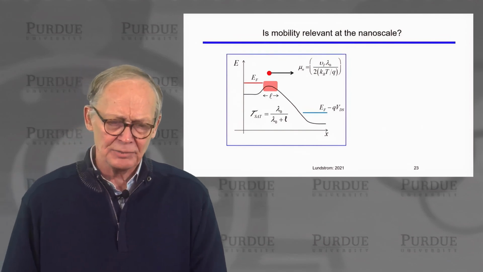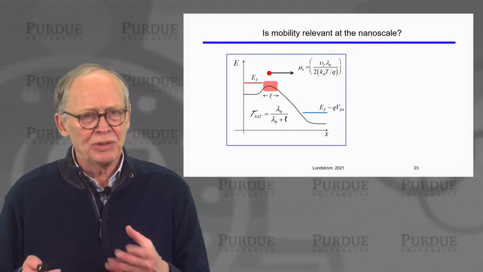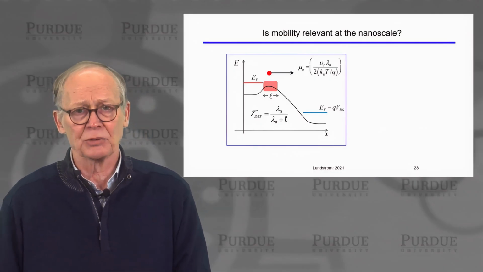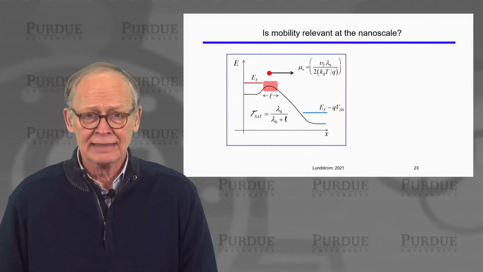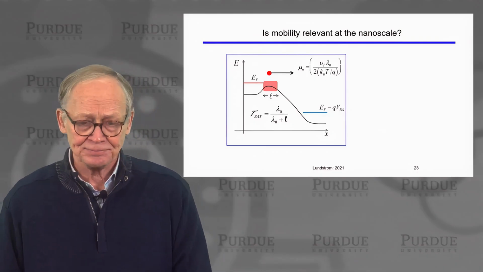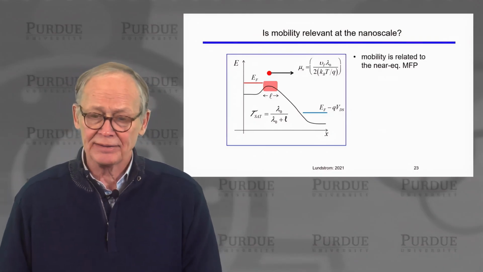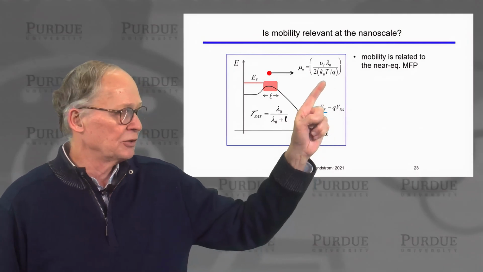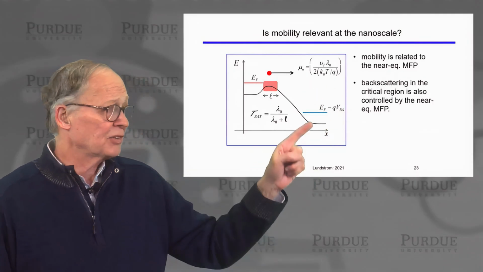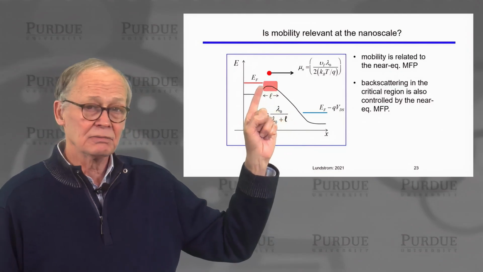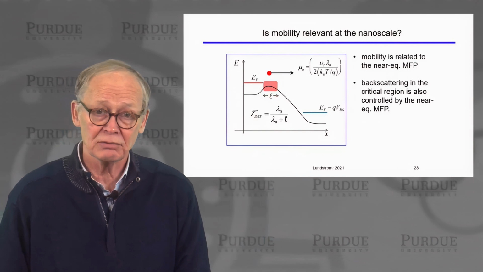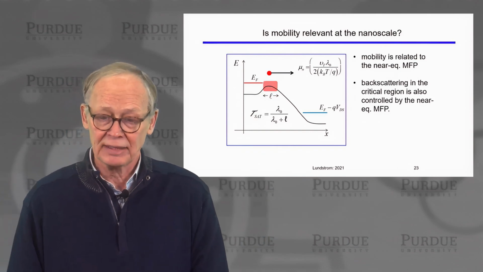Now, another question that people sometimes ask is, mobility is a parameter that we measure on long channel MOSFETs or in bulk silicon. Does mobility have any meaning in a nanoscale MOSFET? Well, the way to think about this is that mobility is related to the mean free path for backscattering. Backscattering in this critical bottleneck region, this very short region near the source, is determined by the mean free path.